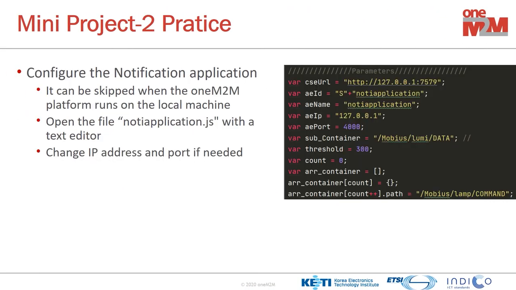And we are going to look into the notification application, which is basically the oneM2M notification handler plus home automation application. And in the noti application.js, you can configure your environment like the IP and the port.